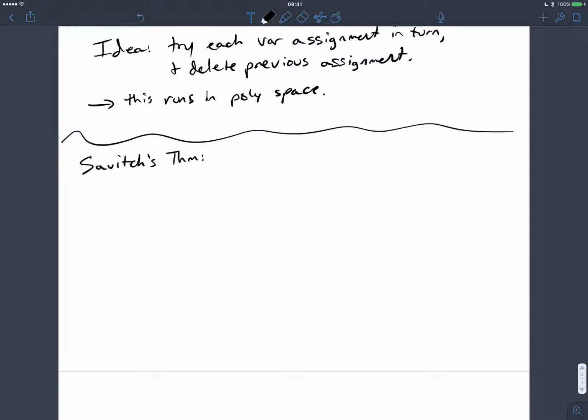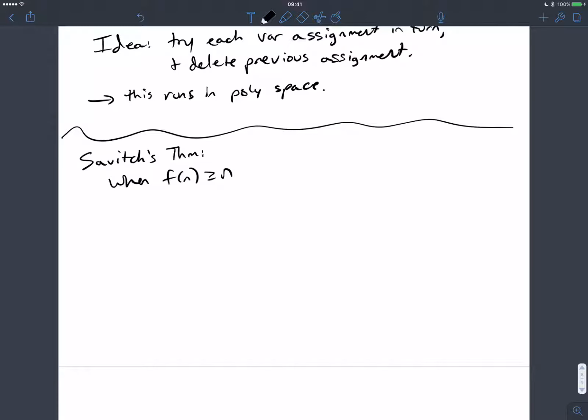So we have to talk about space that is at least as large as the input, when f of n is at least n. Then we want to say something about how large NSPACE of f of n can be.